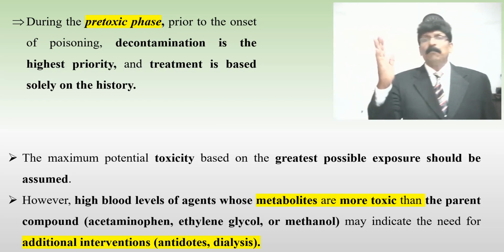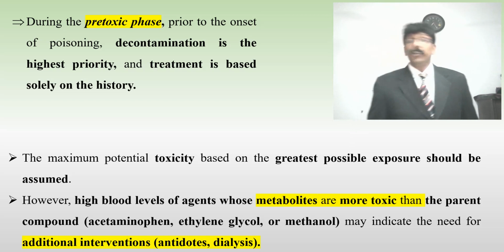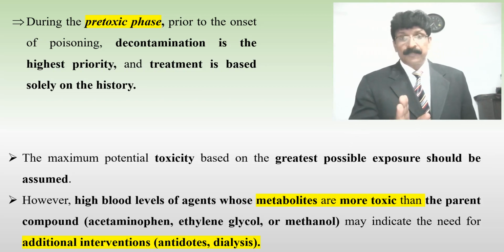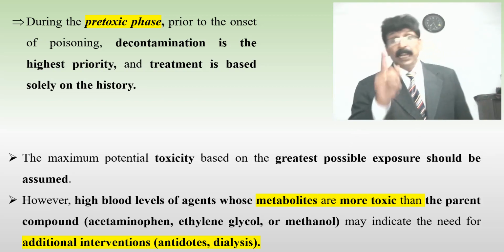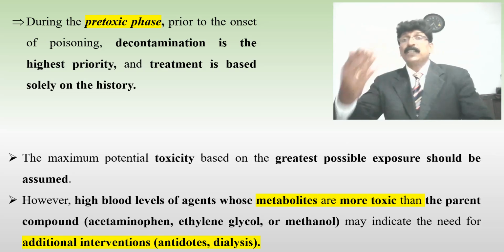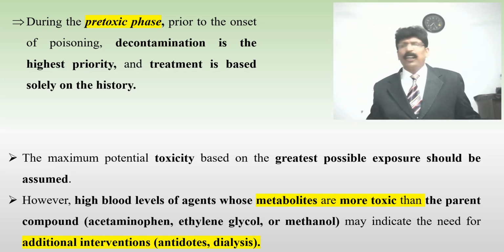The maximum potential toxicity based on the greatest possible exposure should be assumed from the history. However, high blood levels matter for agents whose metabolites are more toxic once absorbed and biotransformed, since some metabolites are more toxic than the parent compound, like acetaminophen, paracetamol.